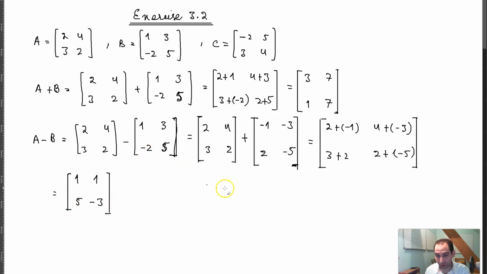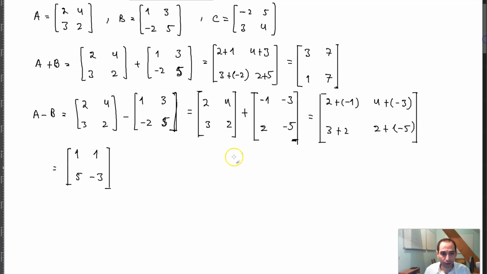Now if you want to calculate, for example, 3A minus C: 3A minus C is equal to 3 times A, which is 2, 4, 3, 2, minus C, which is this matrix here, negative 2, 5, 3, 4.